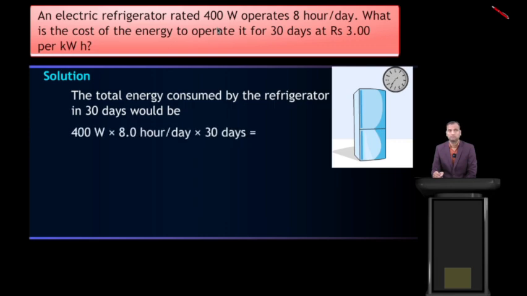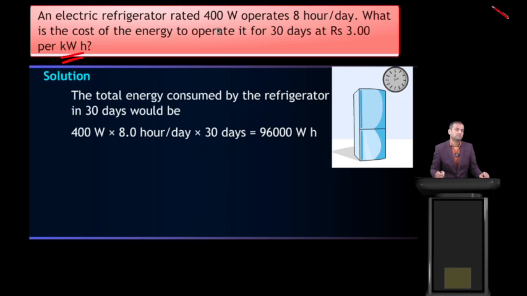Now total energy consumed by the refrigerator in 30 days will be 400 into 8 hours and into 30 days. After multiplication you will get 96,000 watt hour. So this is again watt hour, but we have to find it in kilowatt hour. So what will we do?